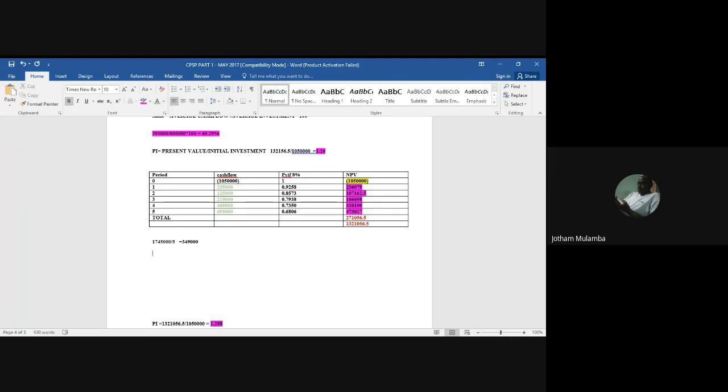Now, in the event you have not been provided with salvage value, then it means that our initial investment will also be equal to our salvage value. Then we divide by 2.